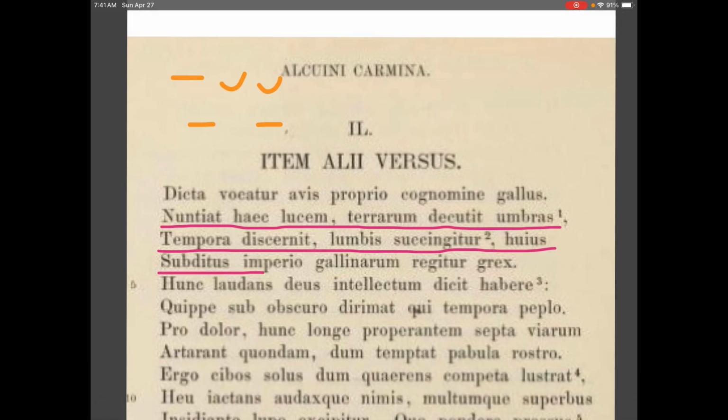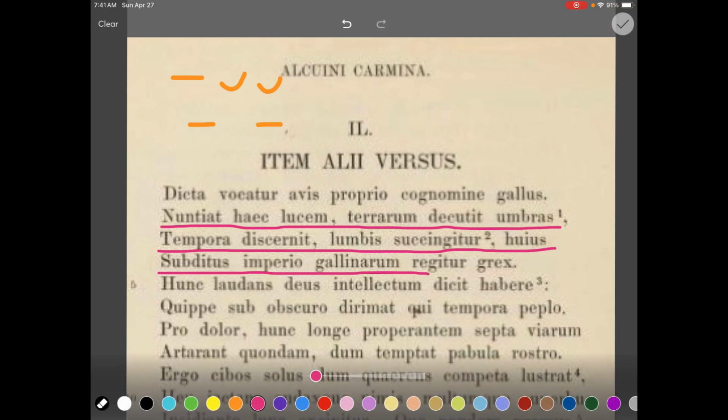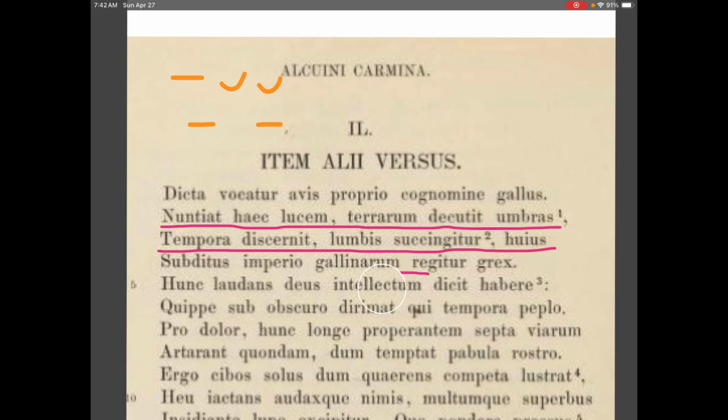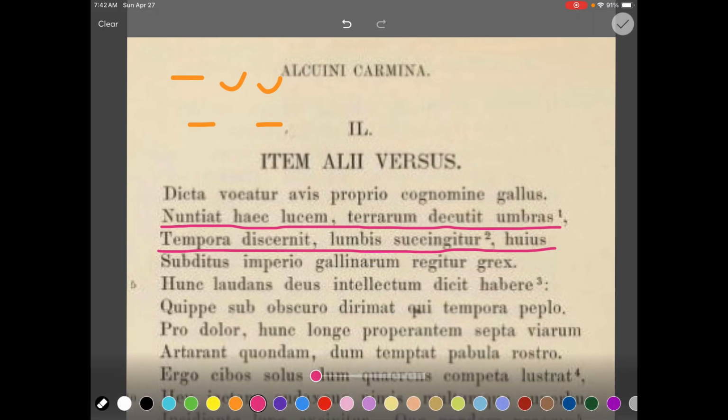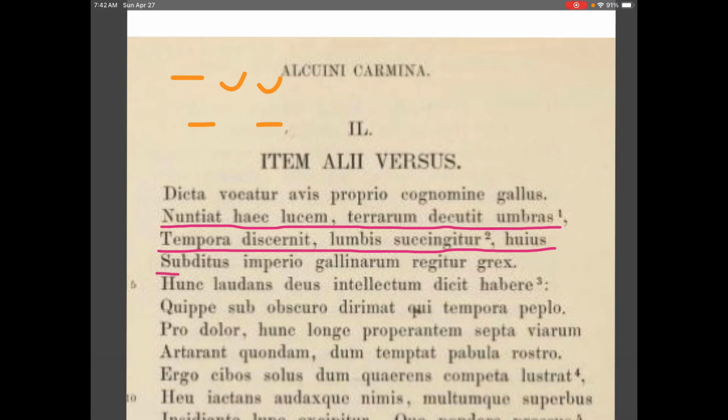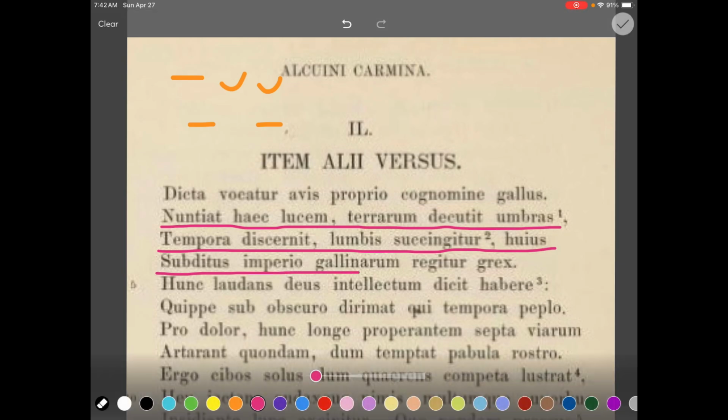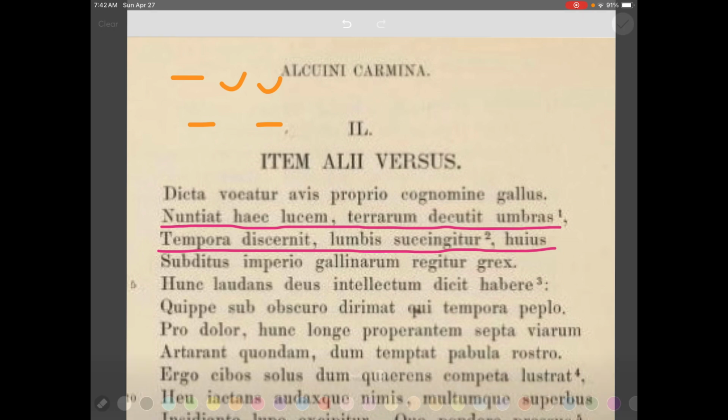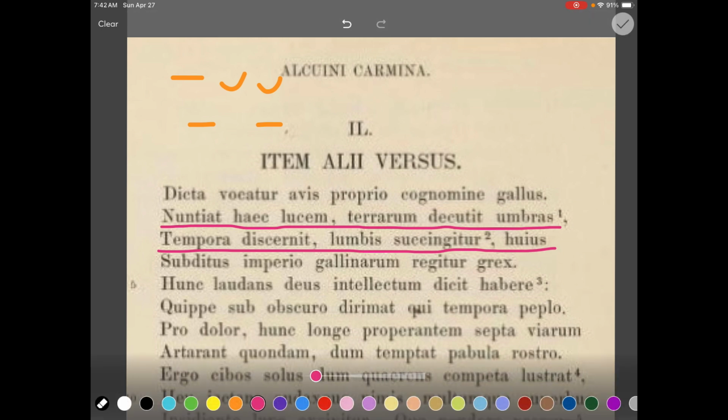Subditus imperio Gallinarum. This one I can't scan. Let's go back to the original effort. Subditus imperio Gallin... This is a strange line. I'm not sure I'm able to scan it correctly.